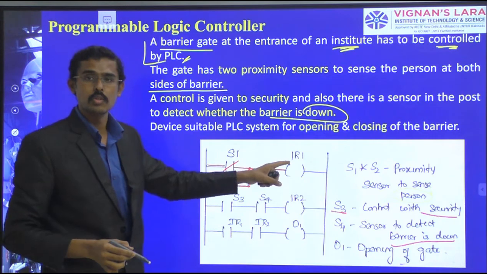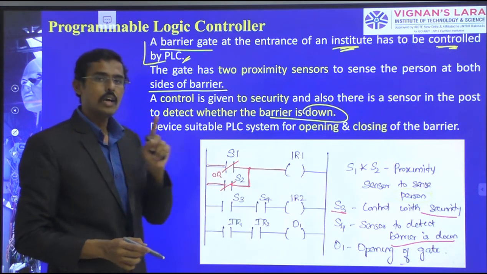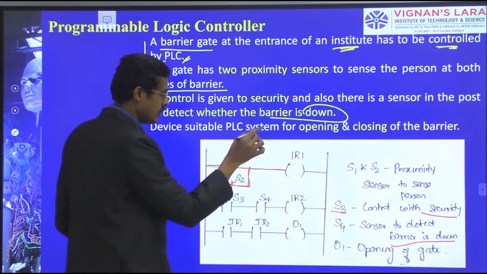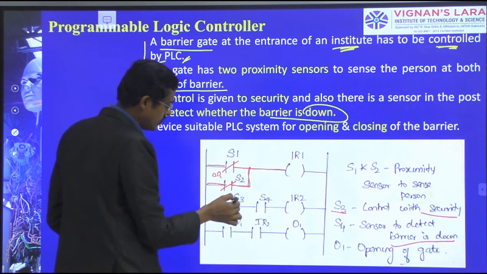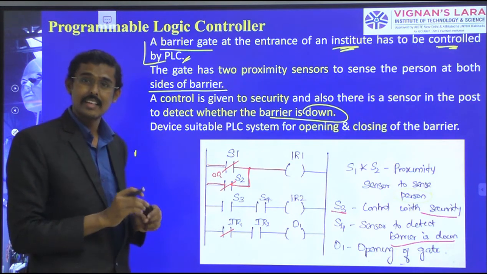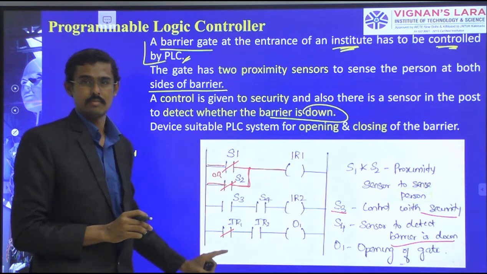That is not the output. Therefore, the output at last is internal relay 1, indicating that a person is present.